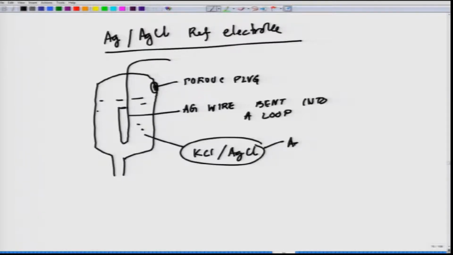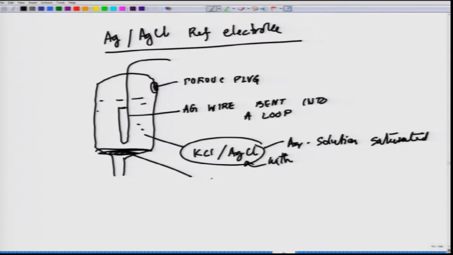So, this is your aqueous solution saturated with KCl and AgCl, and underneath what you observe here is solid KCl and some AgCl.